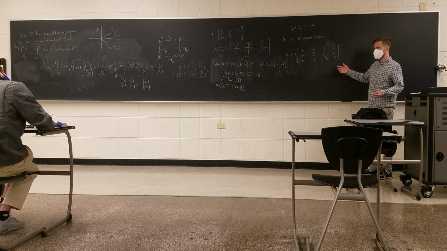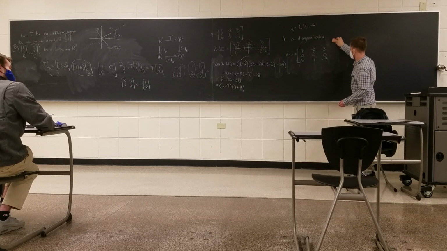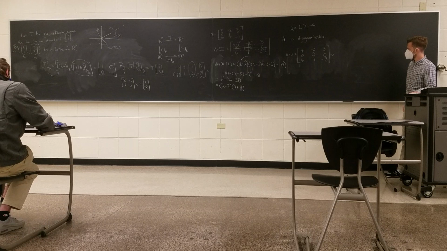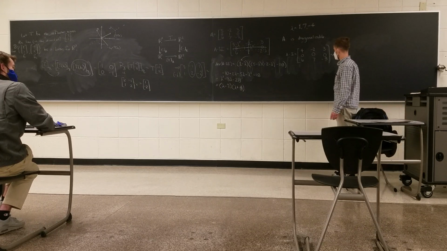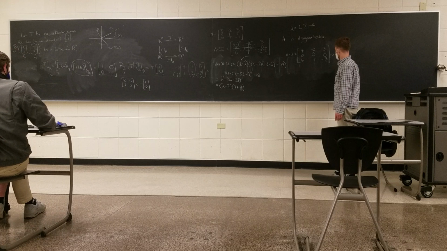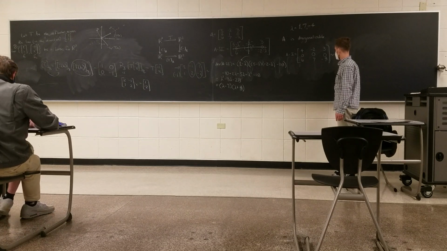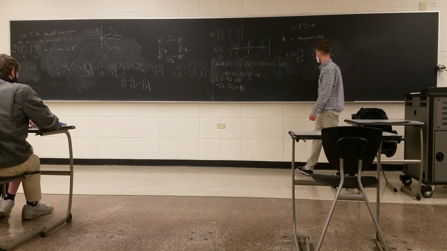But since it's zeros, we don't need to write all that out. It's not going to change in the process of doing row operations. So I could just do row operations. I don't have to do it in the exact row reduction algorithm. I could just do it in a way that's easiest. So let's do it the regular way.